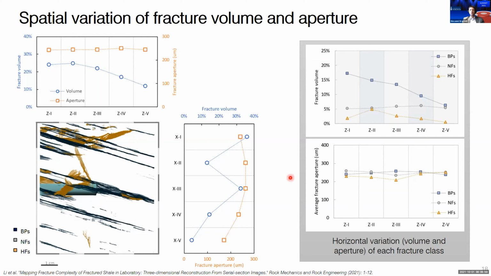The average fracture aperture that we measured is an important result, because it's potentially a key input for our future numerical models.